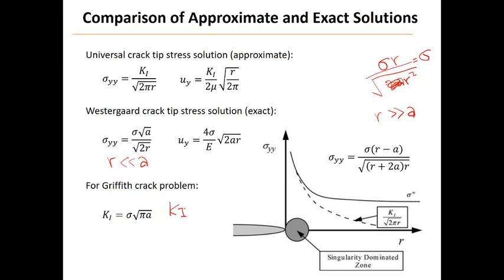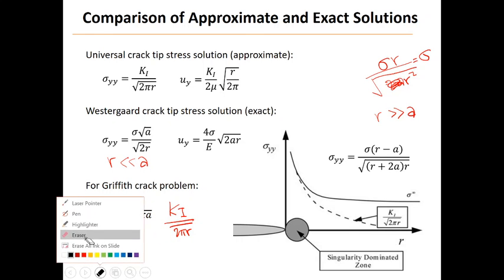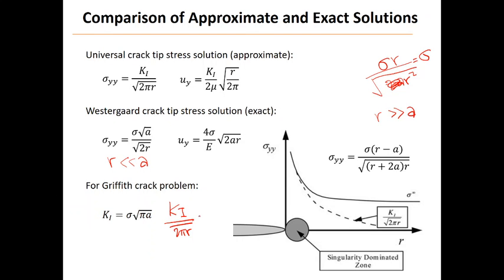So for the Griffith crack, K1 equals sigma times the square root of pi a, with the 2R term, right?